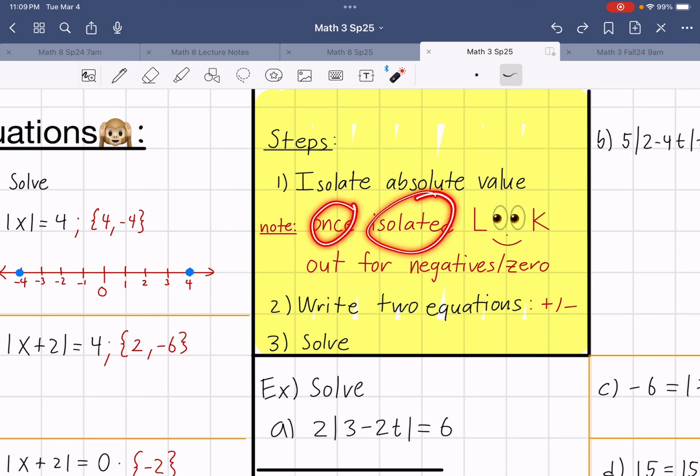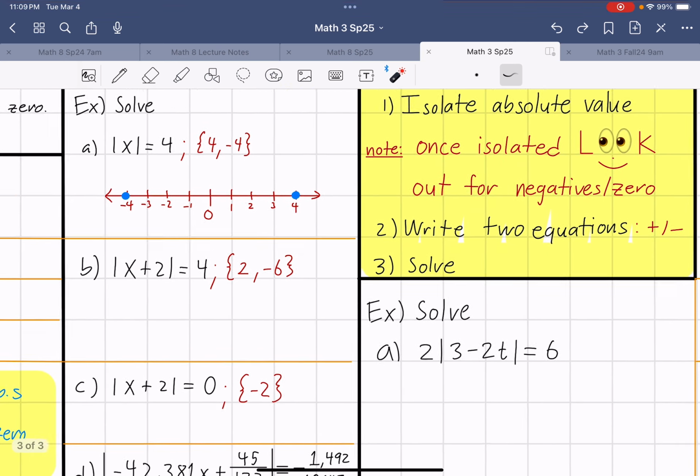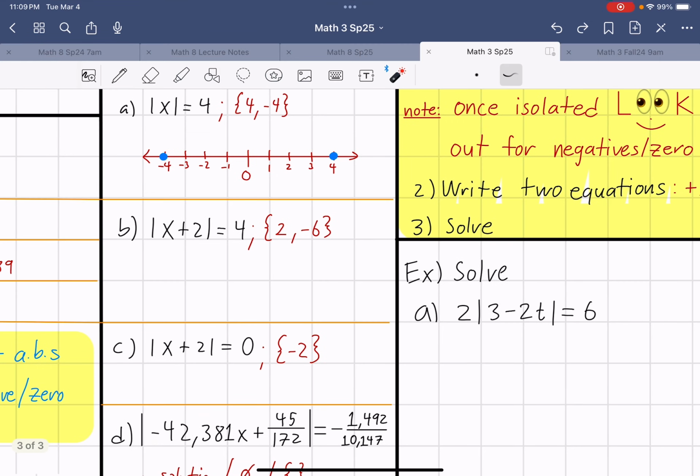Once it's isolated, you want to look out for negatives or 0. Well, why is that? Well, we just saw an example that our absolute value is isolated and it's equal to something negative, and that is impossible. No solution, empty set, however you want to write your answer.